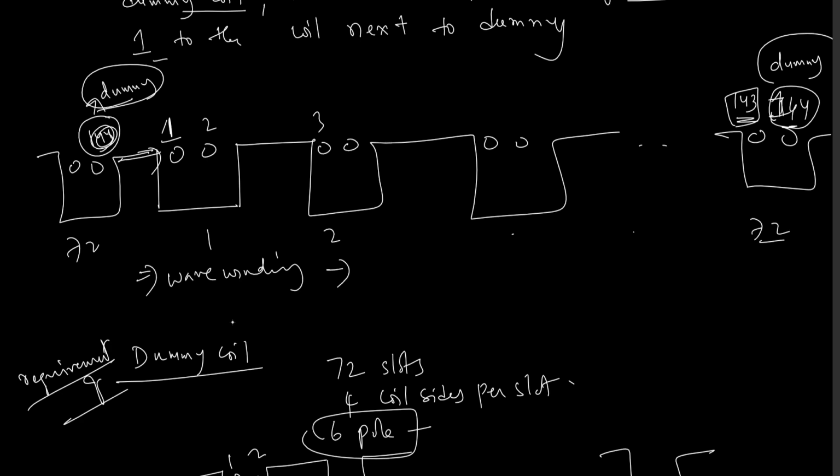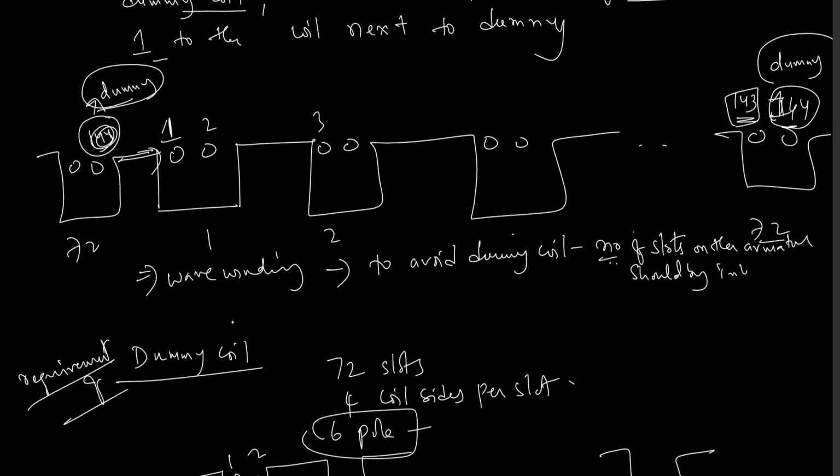to avoid dummy coils, the number of slots on the armature should not be an integer multiple of the number of pair of poles.